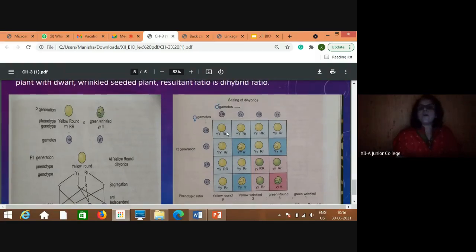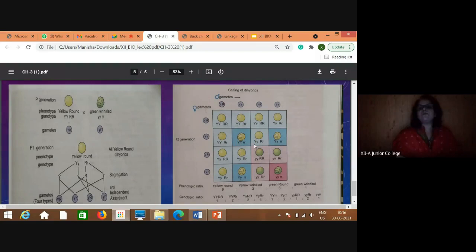Now when we observe it with the help of Punnett's square method, also called the checkerboard method, these are the male gametes and these are the female gametes in F2. When F1 is allowed to self-pollinate, the same gametes are shown horizontally as male gametes and vertically as female gametes.